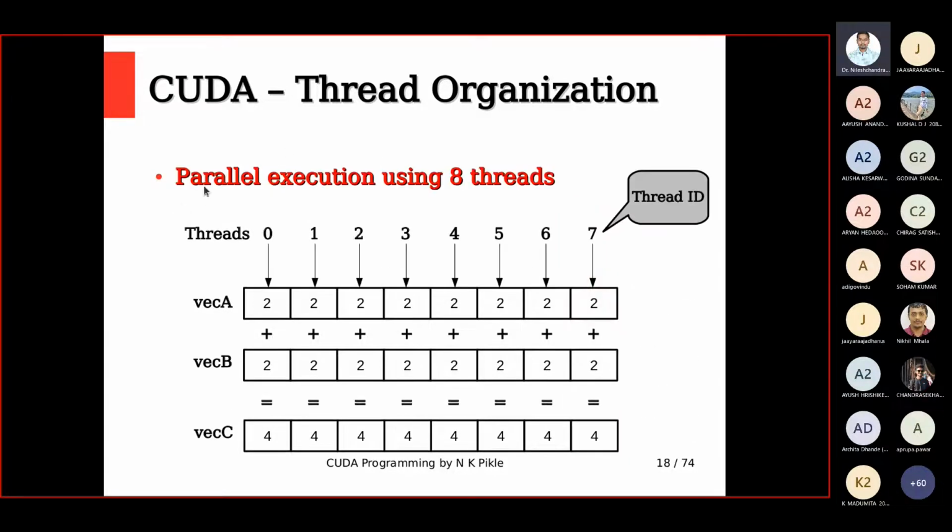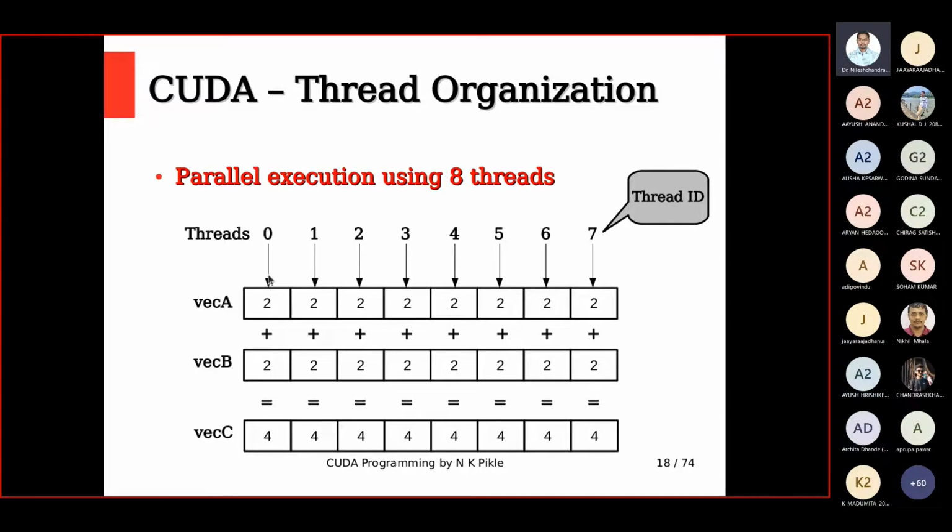But suppose in parallel execution I have 8 threads, and they can be executed on 8 available cores. I can create 8 threads and assign every thread a different task. For example, here the array size is 8 and I can launch 8 threads, indexed from 0 to 7. Every thread has a unique ID, 0, 1, 2, 3 and so on, and every thread performs a different task.